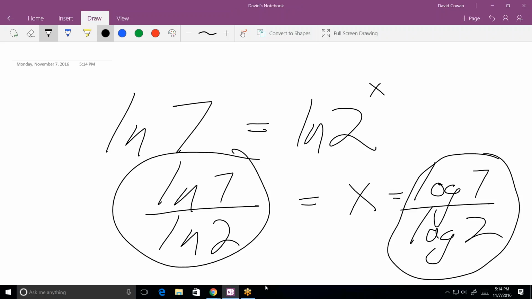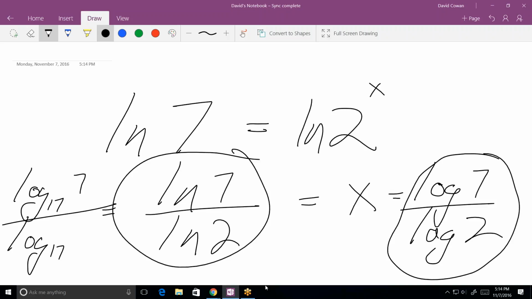But isn't the one on the right log base 10 and the one on the left ln? It is. They're all the same. And in fact, that's the same as log base 17 of 7 divided by log base 17 of 2. In other words, base does not matter when you're looking at these ratios. That's common log, base 10, and that's common log.